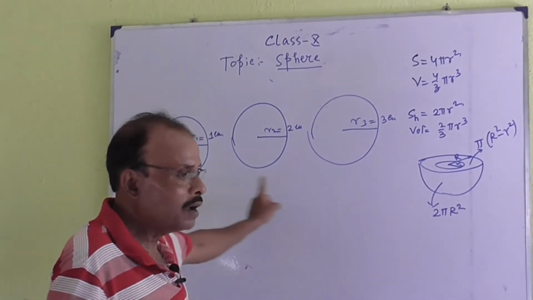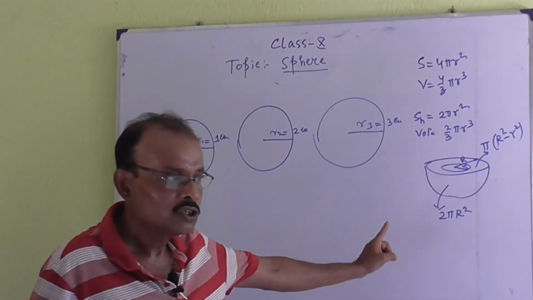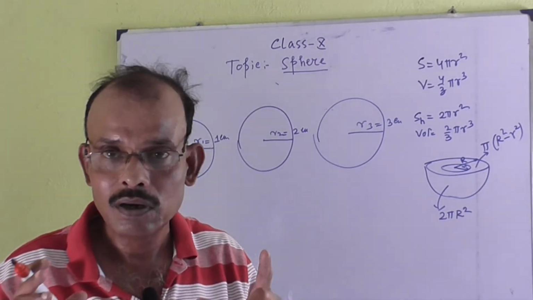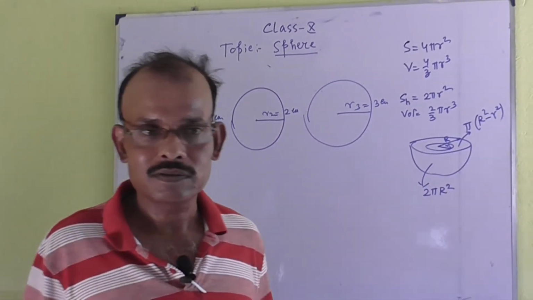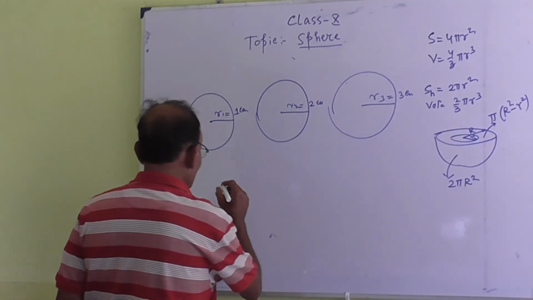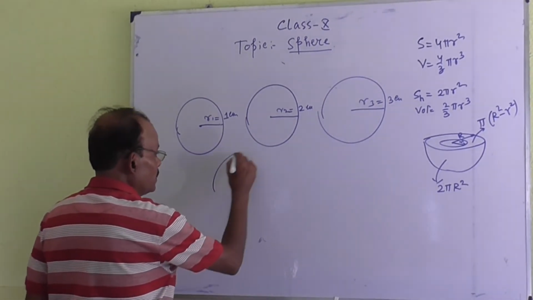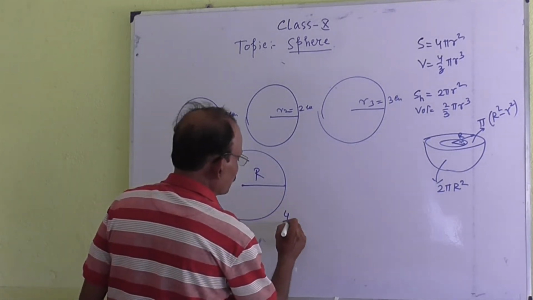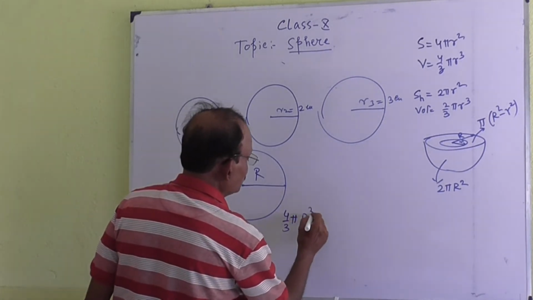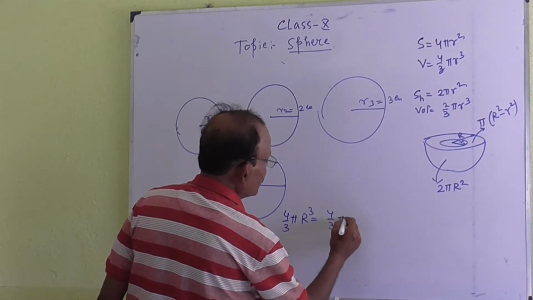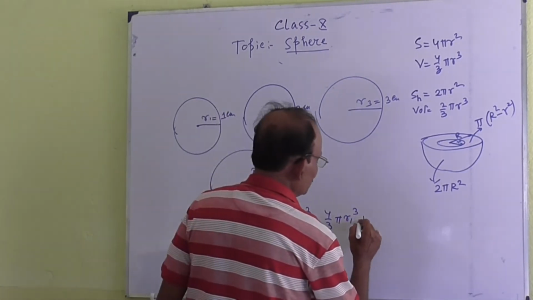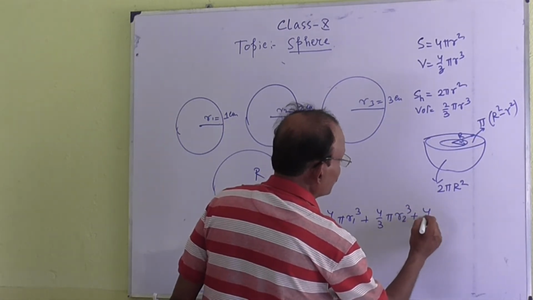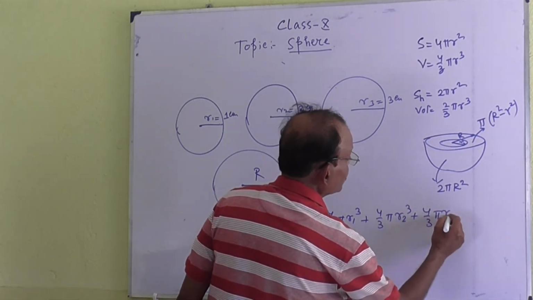So, the sum of the volumes of the three spheres is equal to the volume of the big sphere. So, 4 by 3 pi R cube equal to 4 by 3 pi R1 cube plus 4 by 3 pi R2 cube plus 4 by 3 pi R3 cube.